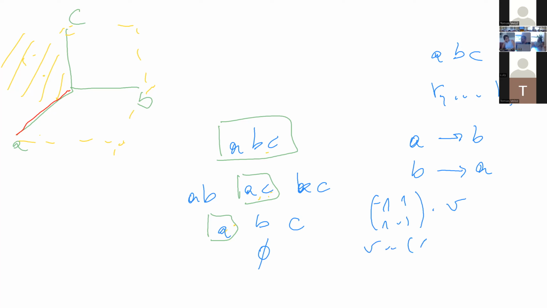V equals X and Y. And then the result, the matrix times V, is going to be equal to -X + Y, comma, X - Y. So now what this is showing is that if we look at the process space, X, Y, the only processes that self-maintain the system are those in the diagonal.